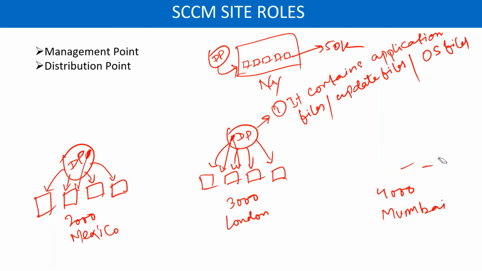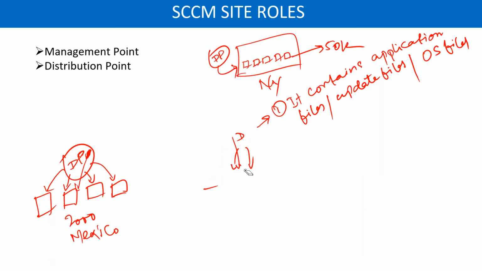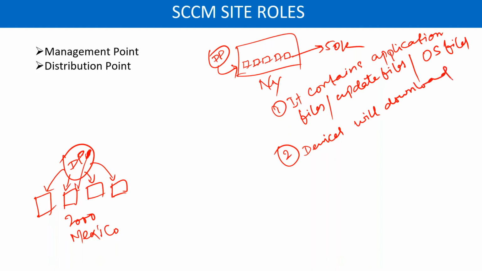Point number 2 is what? Devices, whatever the devices, let's say you have 20,000 devices or 200,000 devices, will download content from the distribution point.